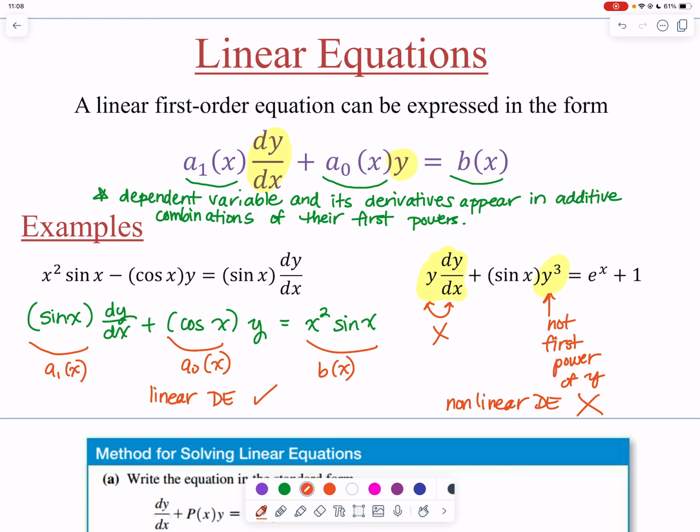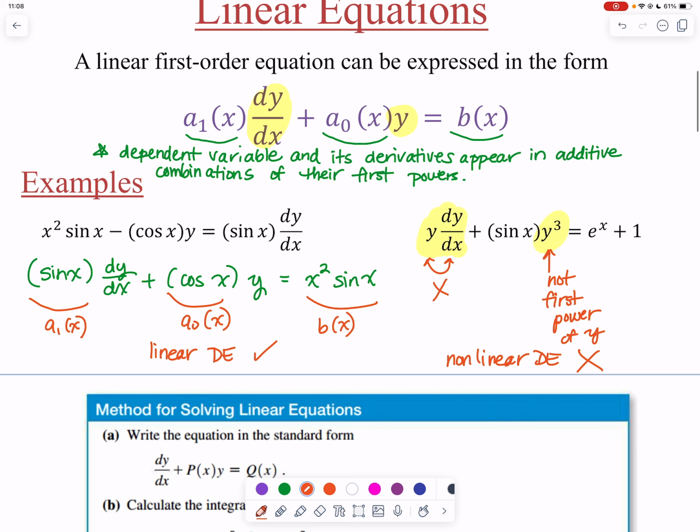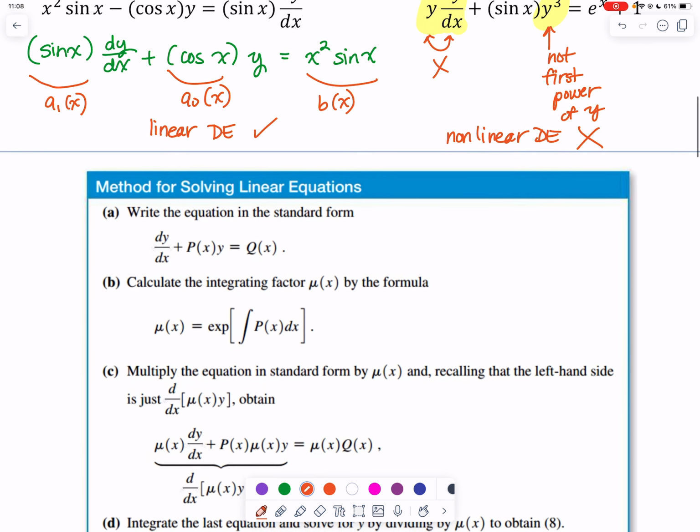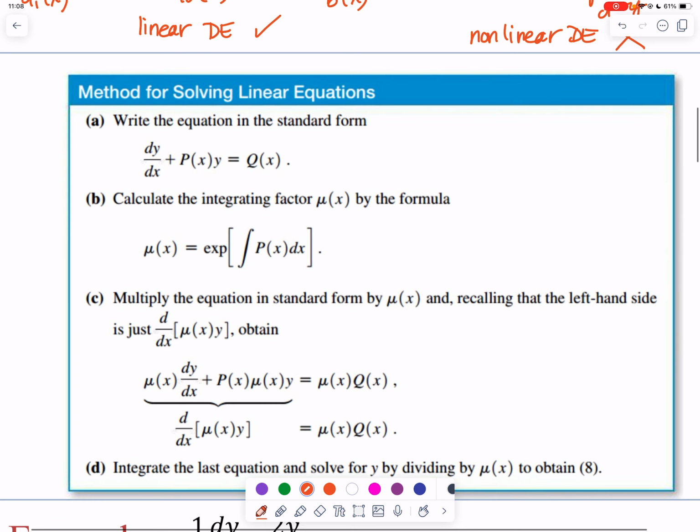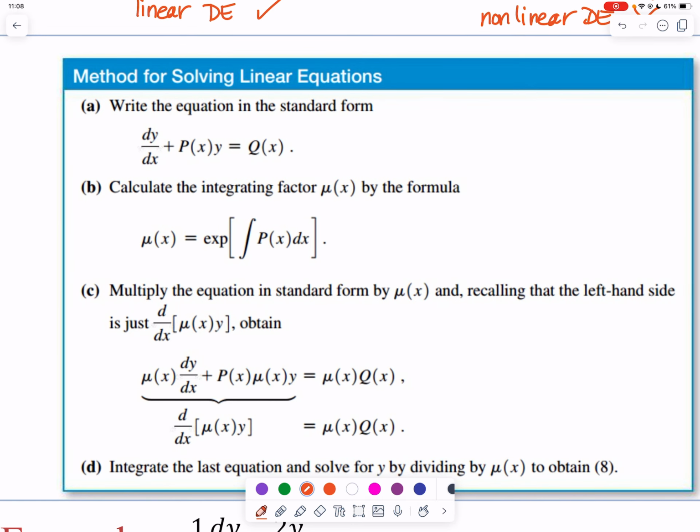Okay, so let's talk about how we're going to solve a linear equation. So the first thing we want to do is isolate that derivative term. So you can see we have dy/dx, and then we will have some function of x multiplied by our dependent variable y, and we will have a function of x on the right-hand side. Once we come up with that form, this function right here in front of that y is going to be very important.